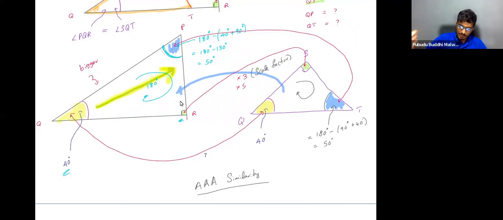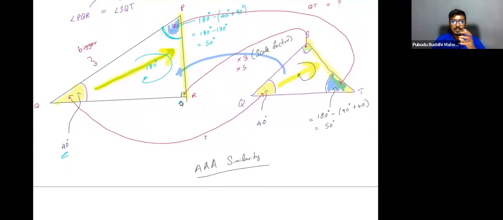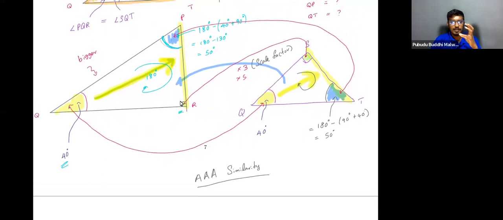Then similarly, for the next triangle, you can draw an arrow like this again. Then those two sides are corresponding, PR and ST, which means there is a relationship between PR and ST. I mentioned multiplying a triangle by a certain value.